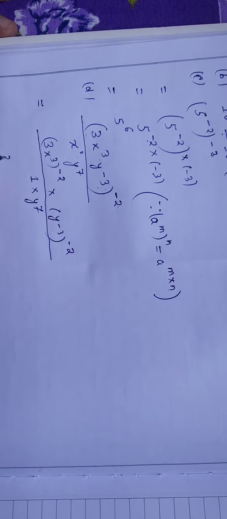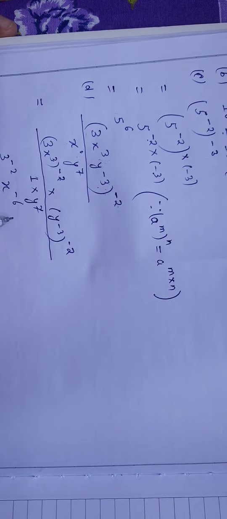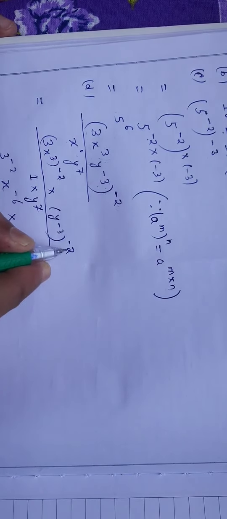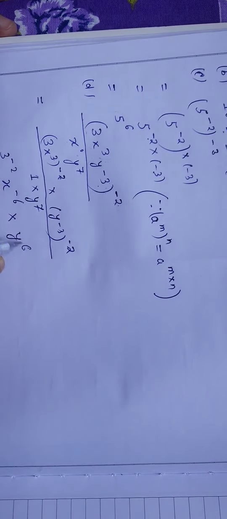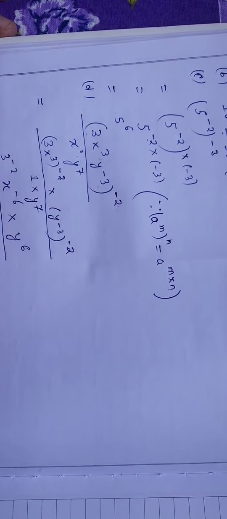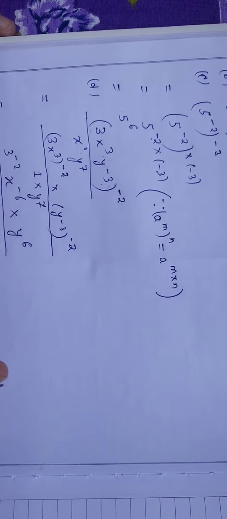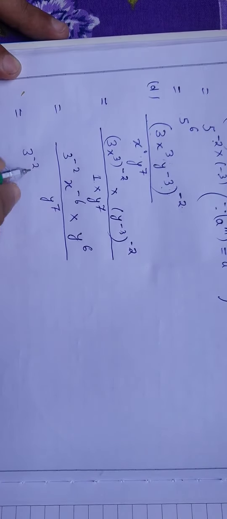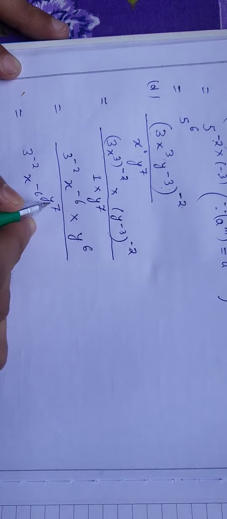This equals 3 to the power minus 2, x to the power 3 into 2 is 6, and here it is minus, so it is minus 6, into y to the power 3 into 2. So 3 into 2 is 6, minus and minus become plus, so y to the power 6, whole thing divided by 1 into y to the power 7, which means y to the power 7 only. Three to the power minus 2, x to the power minus 6, and now y to the power 6 divided by y to the power 7.